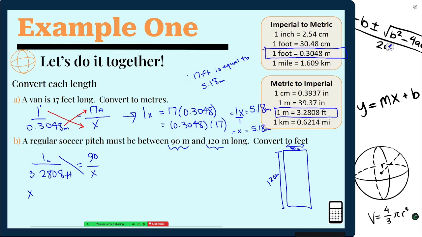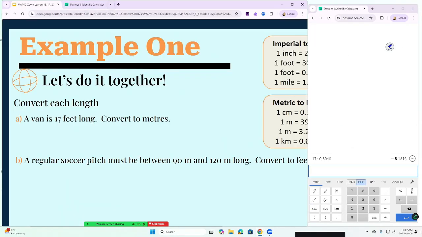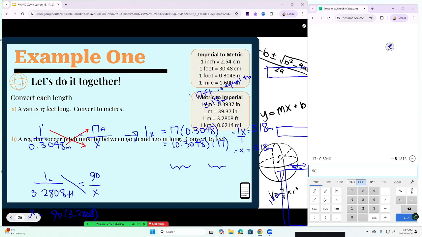Equals 90 times 3.2808. x equals, what is 90 times 3.2808?